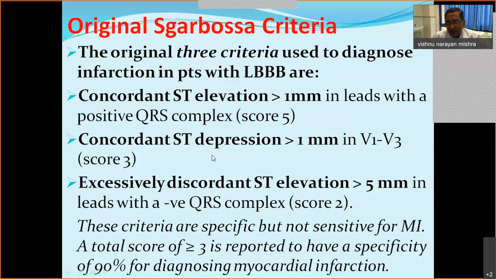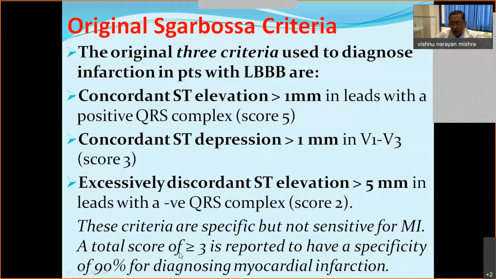If there is a concordant ST depression, that is more than 1 millimeter in V1 to V3, it gives a score of 3. And excessively discordant, meaning opposite to the main QRS complex, ST elevation of more than 5 millimeters in leads with a negative QRS complex gives a score of 2. These criteria are specific but not sensitive for MI.